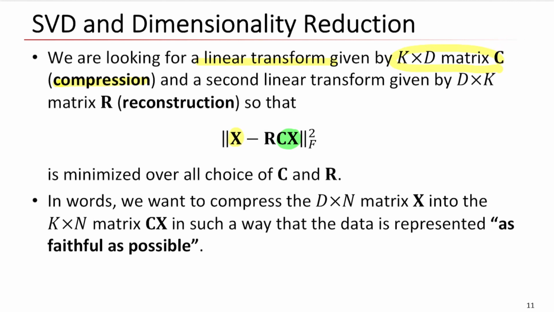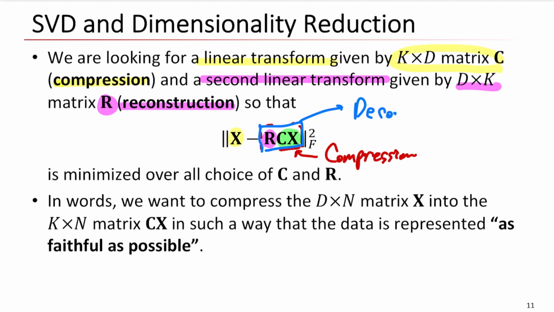Then the second linear transformation is given by the D by K matrix R, the reconstruction matrix. So this is the compression, and this process is decompression, right?